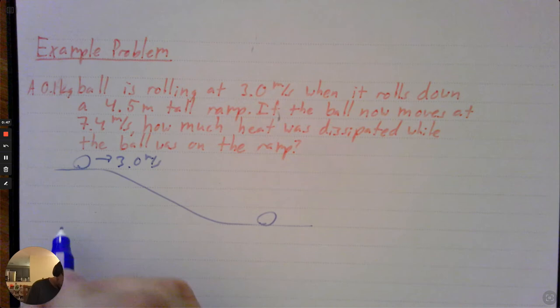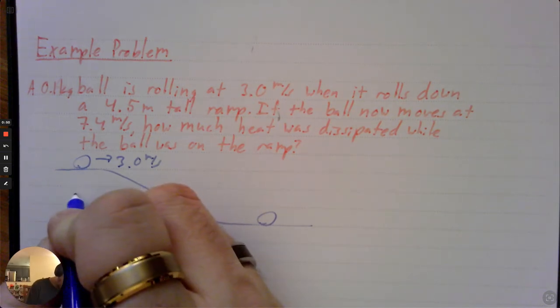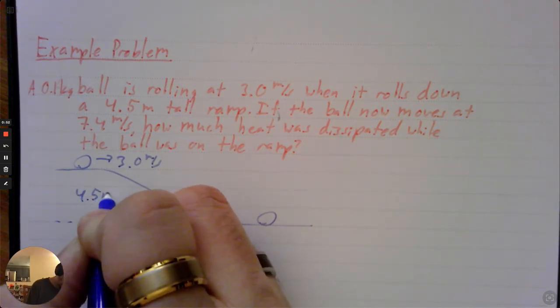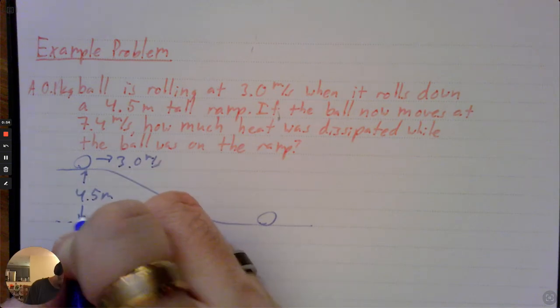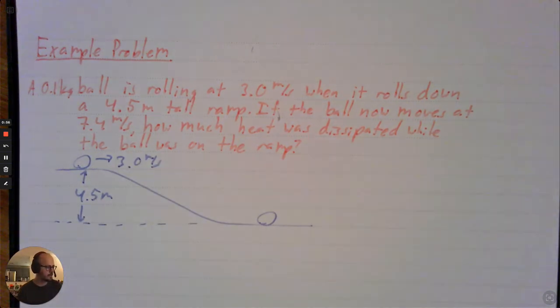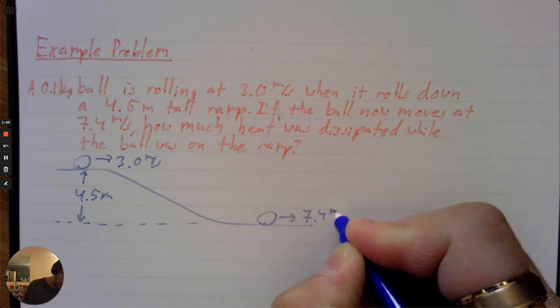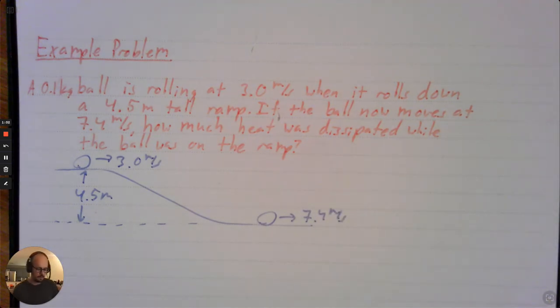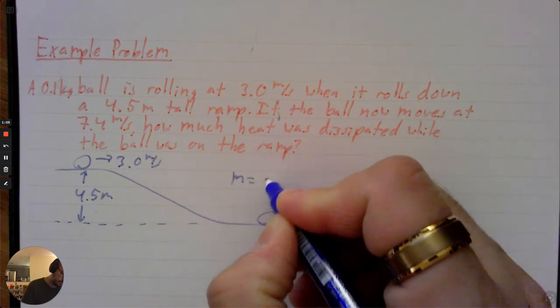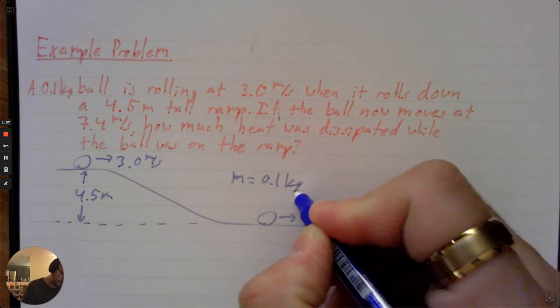The hill is 4.5 meters tall. And when it gets down to the bottom of the ramp, it's moving at 7.4 meters per second. The mass of the ball is 0.1 kilograms.